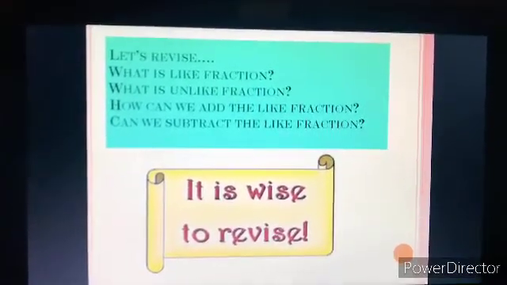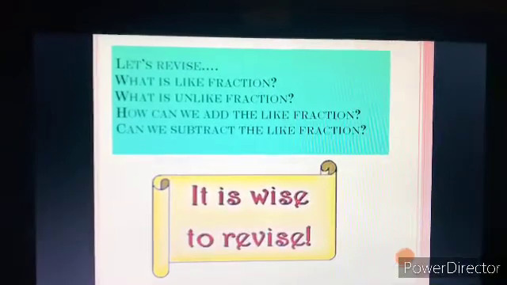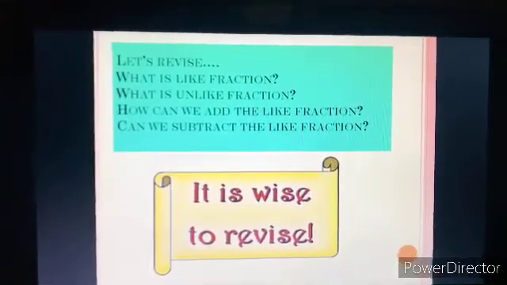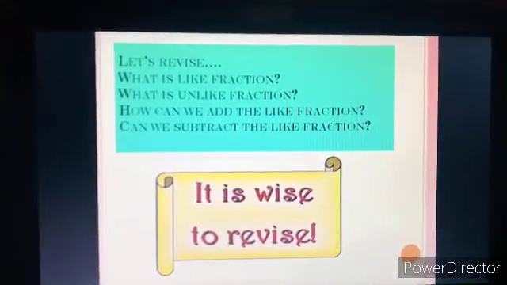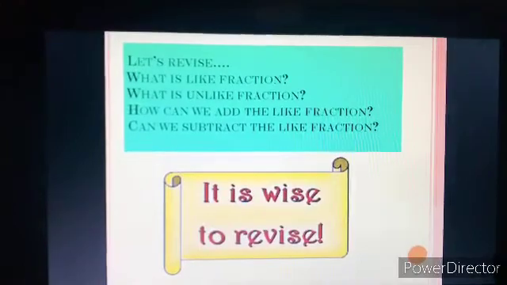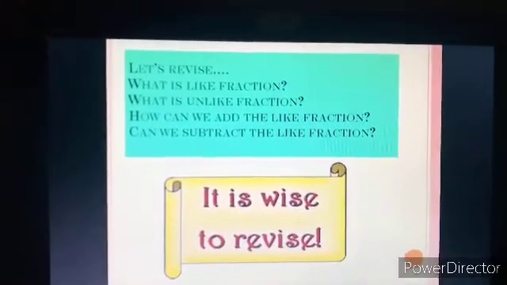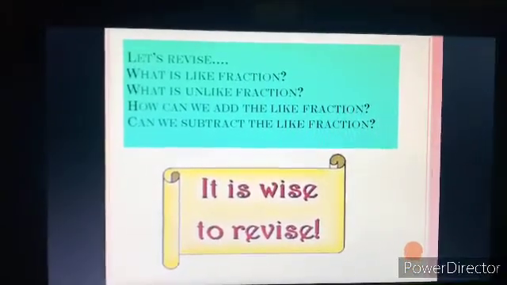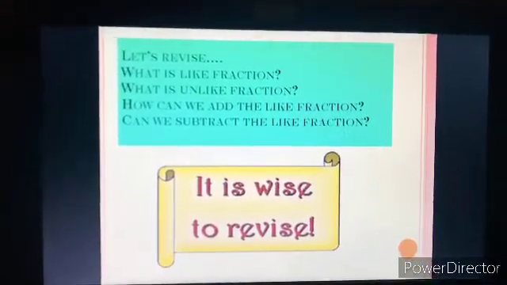What is a like fraction? Yes, all those fractions which have the same denominators are like fractions. What is an unlike fraction? Exactly. When the denominators of the fractions are different, that will be an unlike fraction.